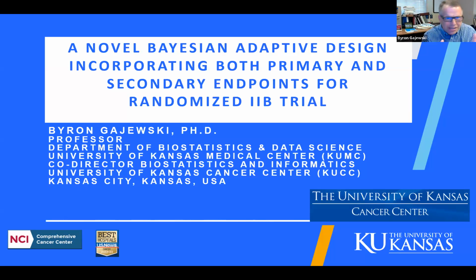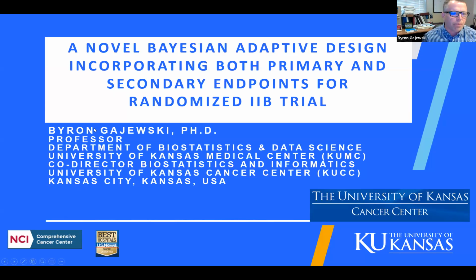And then it allows you to calculate power and other operating characteristics. And because the adaptive design is so flexible, the current state of the practice is to calculate operating characteristics using simulation.